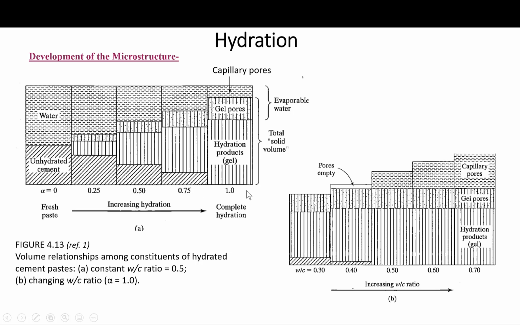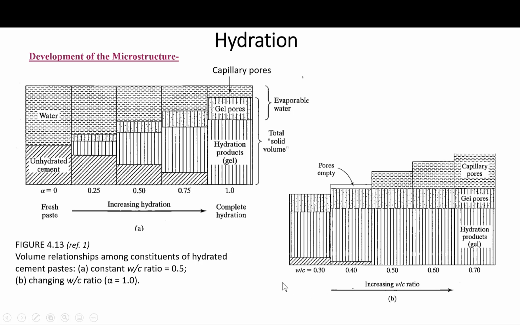As you can notice, as the hydration increases, the volume of the solids increases. The unhydrated cement decreases. The hydration products increase the solids volume. And you notice the presence of the capillary pores.